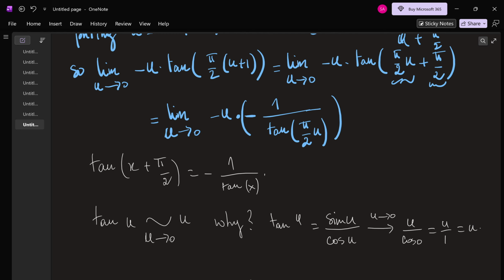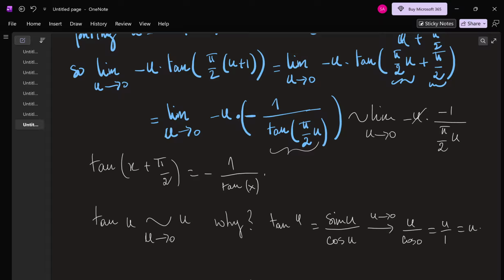So hence all of this will be equivalent to the limit as u approaches 0 of minus u times minus 1 over the tangent, which is equivalent to pi over 2 times u.